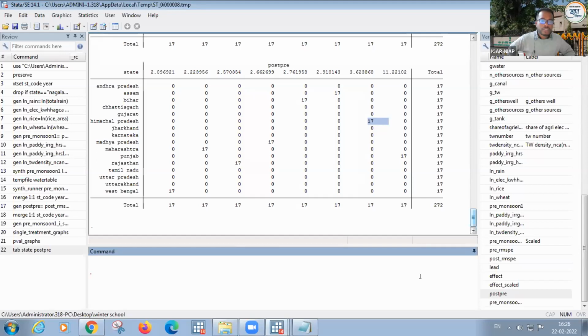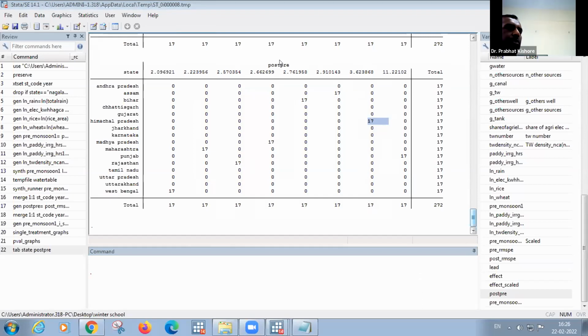Sir, there is one question in the question answer box: in panel data, if there are missing observations, is it possible to run? Yeah, for this, suppose the variables we are including in our model for the pre-intervention period, in our case before 2009, we have considered 5 variables.